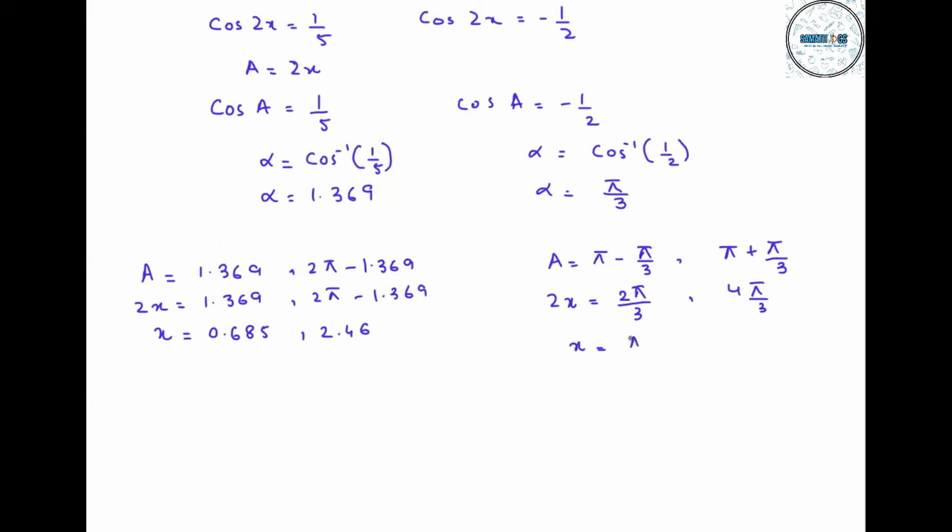So we will get pi upon 3. And we will divide this by 2. So we will get 2 pi upon 3. There are four values of x, 0.685, 2.46, pi upon 3, and 2 pi upon 3.